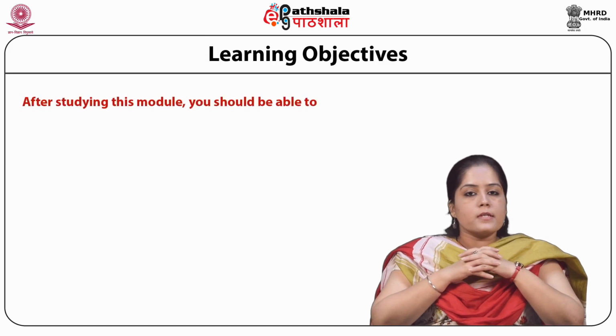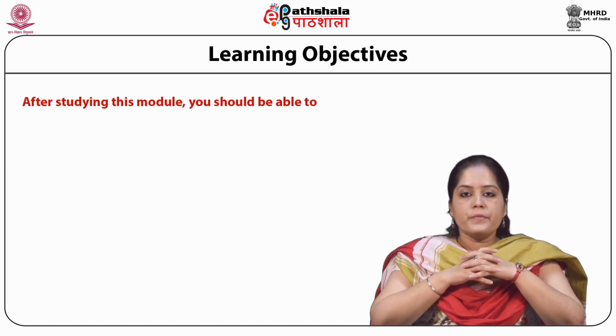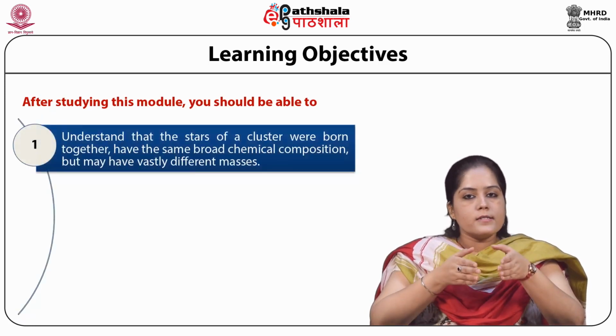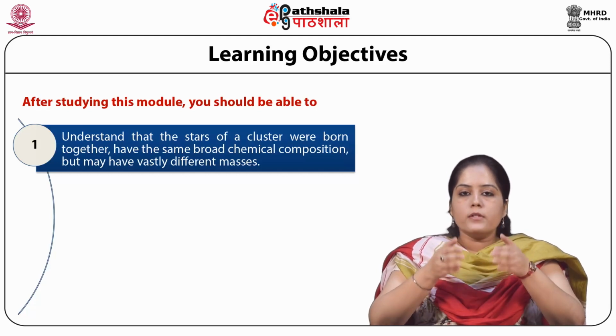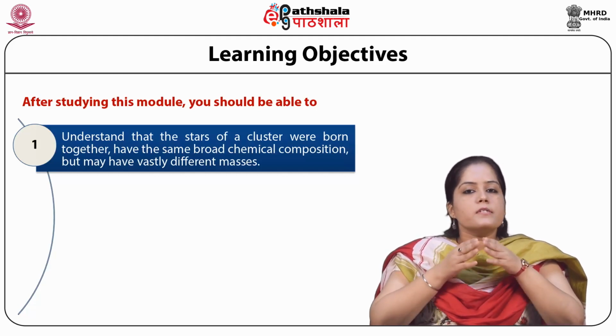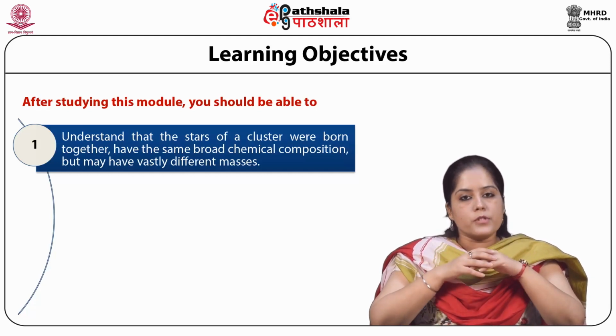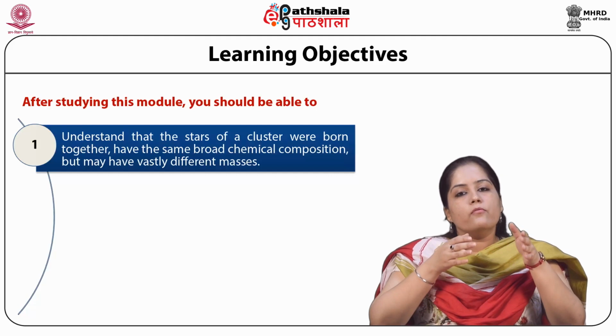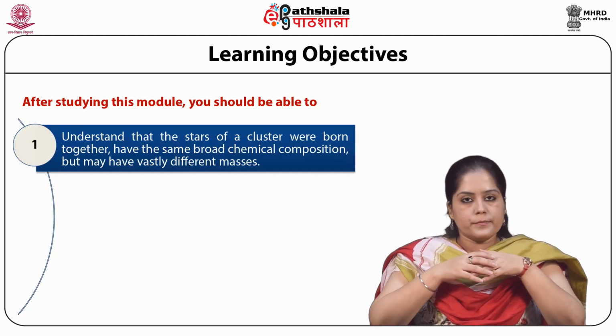So students, today we are going to discuss the module HR diagram, color magnitude diagram from the paper Astronomy and Astrophysics. After studying this module, you will be able to understand that the stars of a cluster were born together and have the same broad chemical composition but may have vastly different masses.